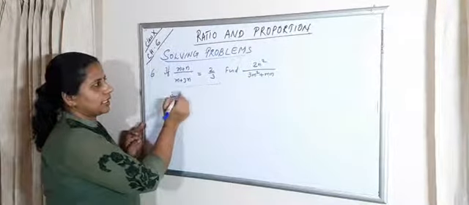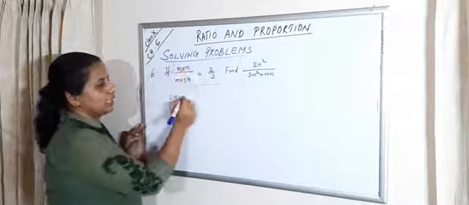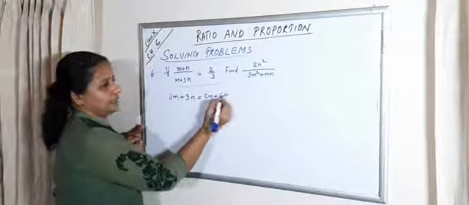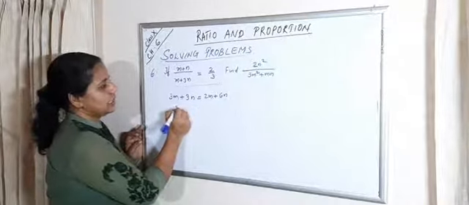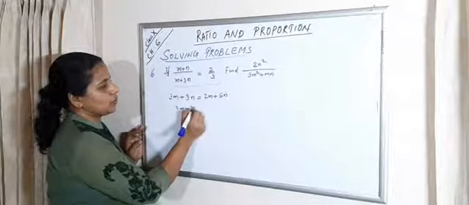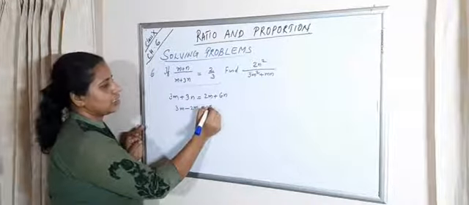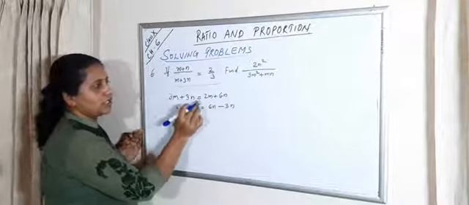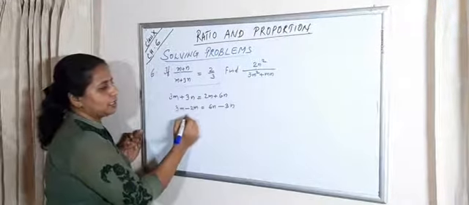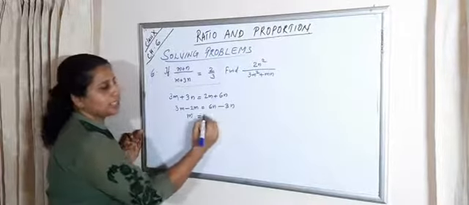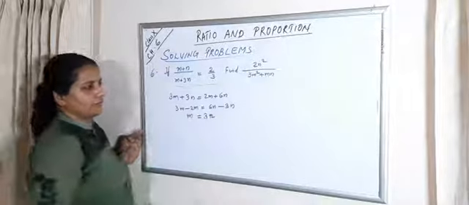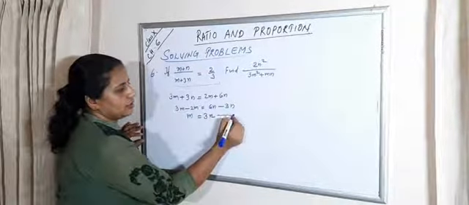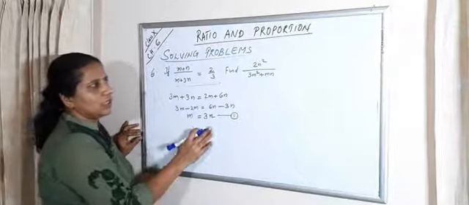That is 3m plus 3n equal to 2m plus 6n. So 3m minus 2m is equal to 6n minus 3n. That is m is equal to 3n. Mark it as 1.